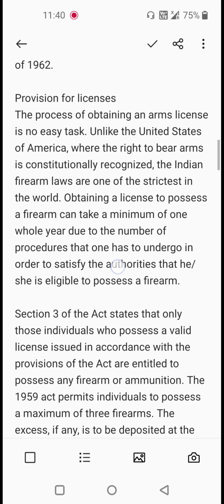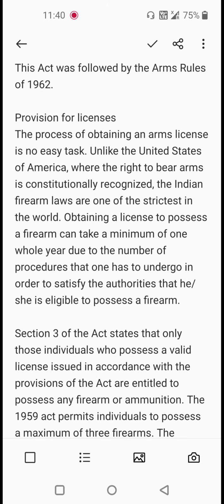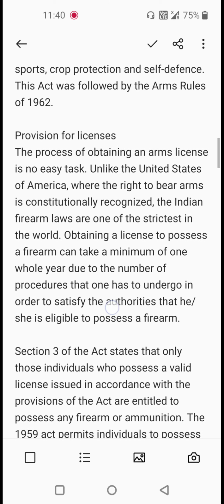Obtaining a license to possess a firearm can take a minimum of one whole year, due to the number of procedures that one has to undergo in order to satisfy the authorities that he or she is eligible to possess a firearm. So it is one of the strictest laws to have a firearm license in our country, India.